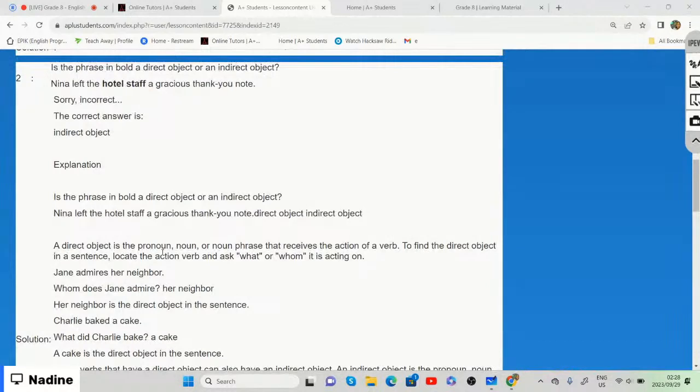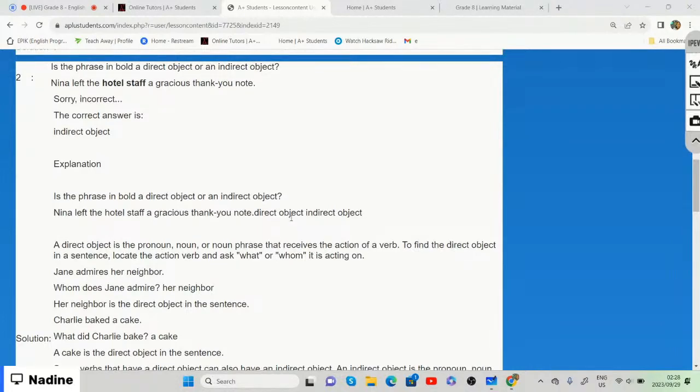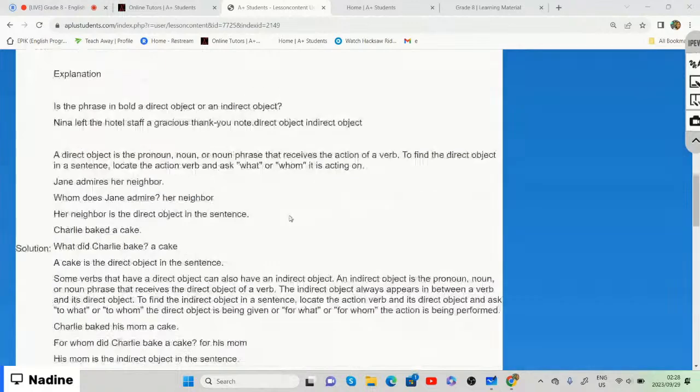So we need to say if this is a direct or an indirect object. Is it direct or indirect?